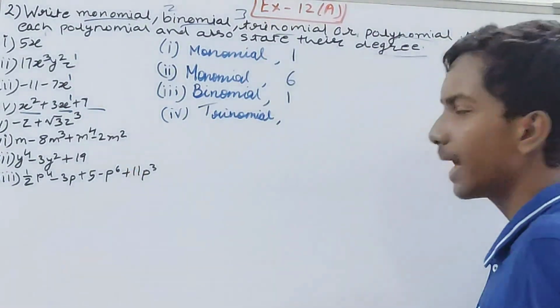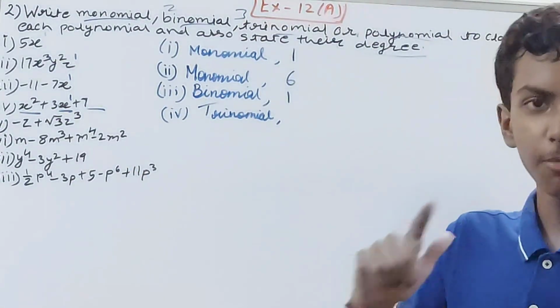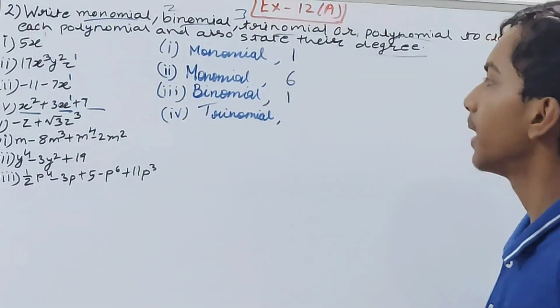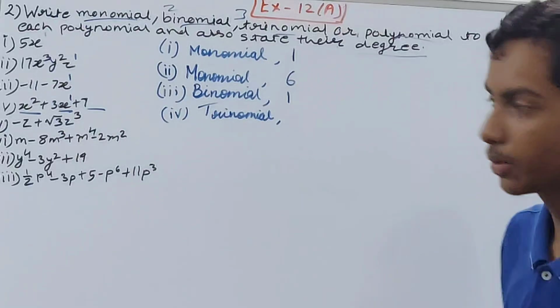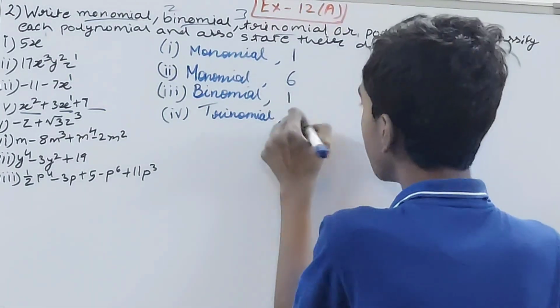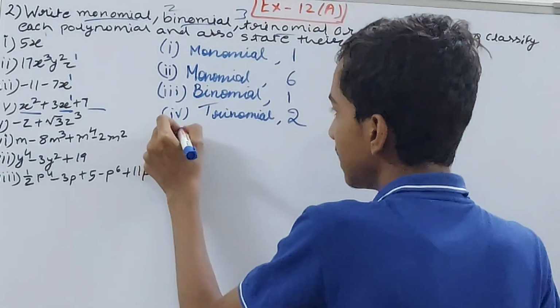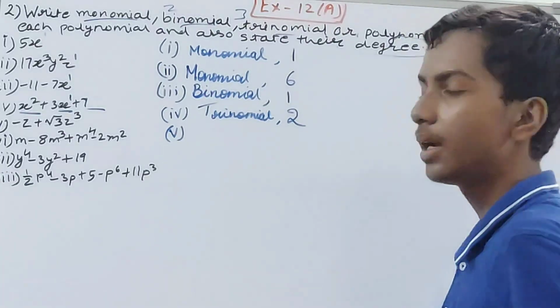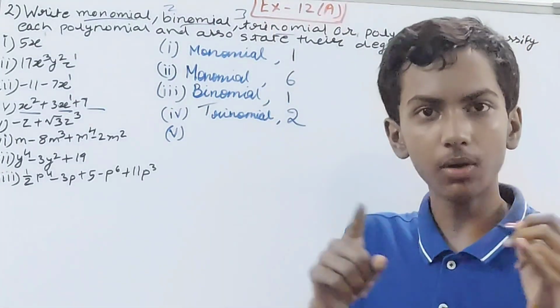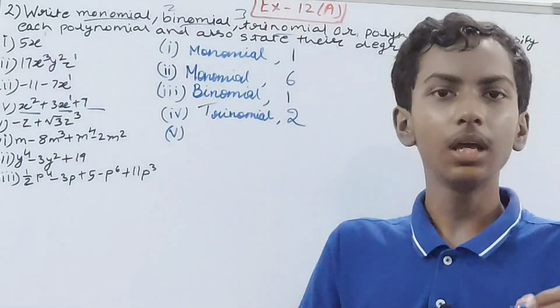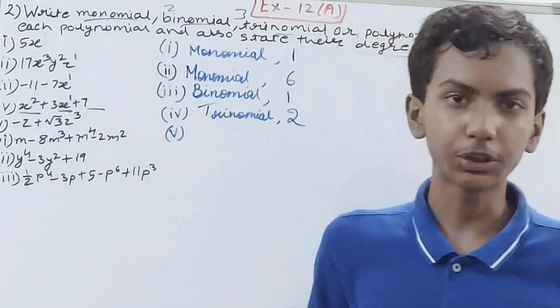Although you don't need to write it, I am doing it to make it a little bit easier. Now compare x square and x to the power 1. Which is greater? Of course x square is greater, so the degree will become 2. The simple thing is, when there are multiple terms, you see each term's degree and then compare all the degrees. The greatest one will be the degree of your expression.